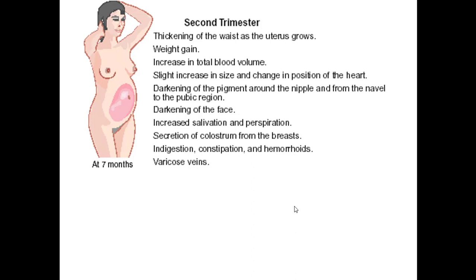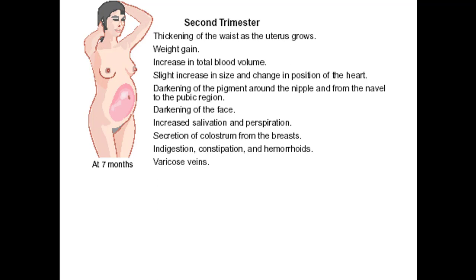Now, during the second trimester, many women attest that this would be the most comfortable trimester of their pregnancy. Women often experience thickening of the waist as the uterus begins to grow. The fetus is releasing hormones, and some of those are going to cause the uterus to relax and expand.